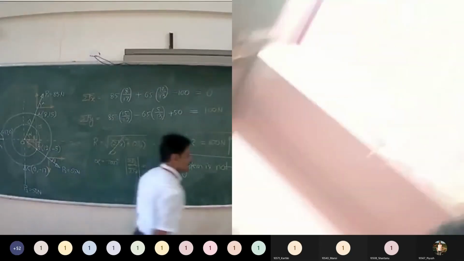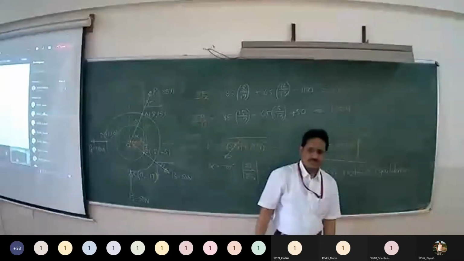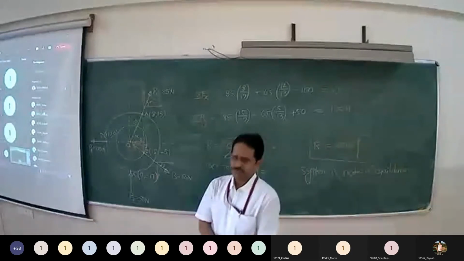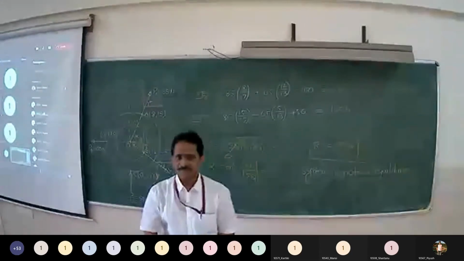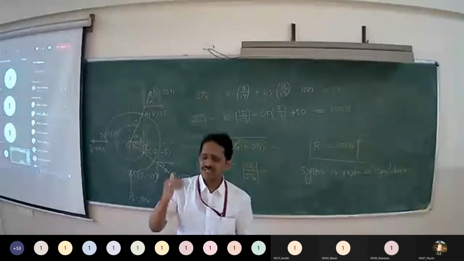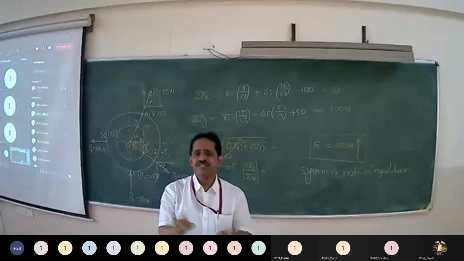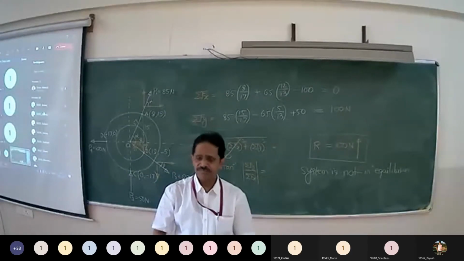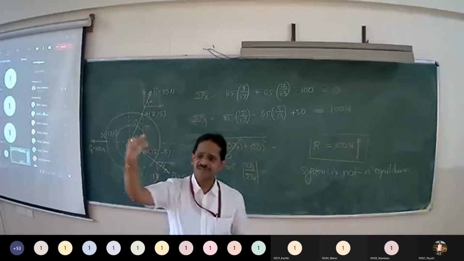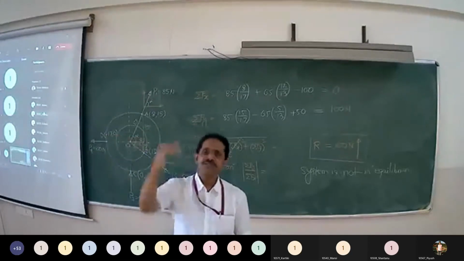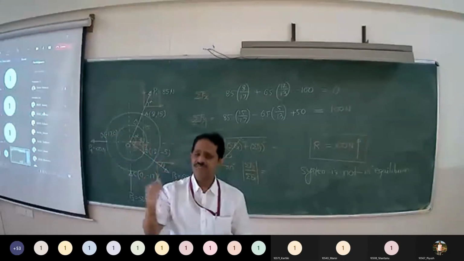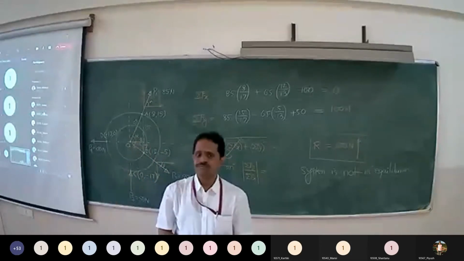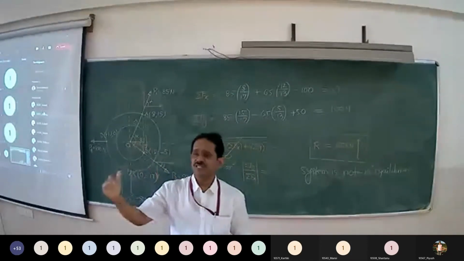Suppose the given system is a non-concurrent, non-parallel force system, a general force system. Then to check whether the system is in equilibrium or not, you will resolve each force into xy components. First you will find out summation Fx, suppose 0. Then you will go for summation Fy, suppose 0. That means the resultant force is 0.